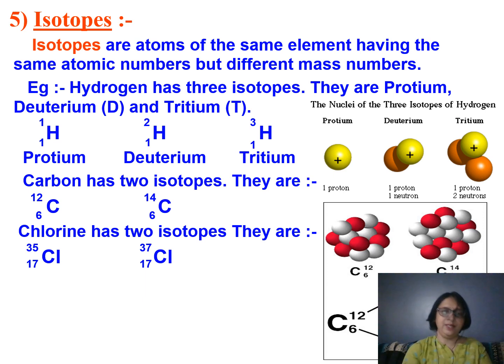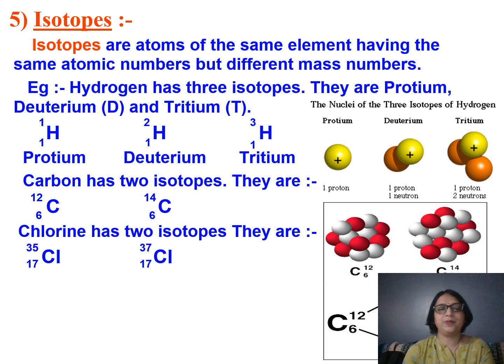Likewise, you can see carbon has two isotopes, carbon 12 and carbon 14. Both of them contain 6 protons, but their number of neutrons is different. Carbon 14 contains 8 neutrons, but carbon 12 contains only 6 neutrons.